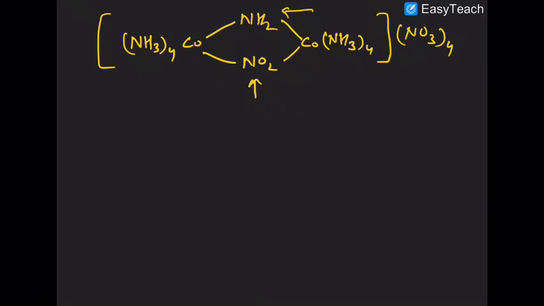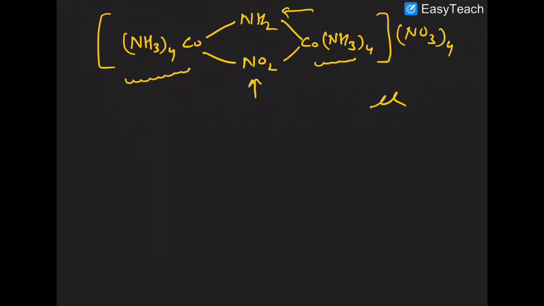Then how will you read it? The bridge should be denoted by the word mu. I am repeating once more: the bridge should be denoted by the word mu. How will you pronounce the name now?